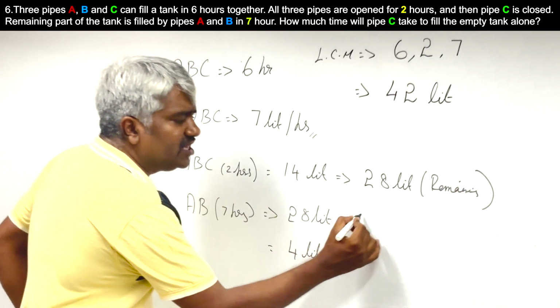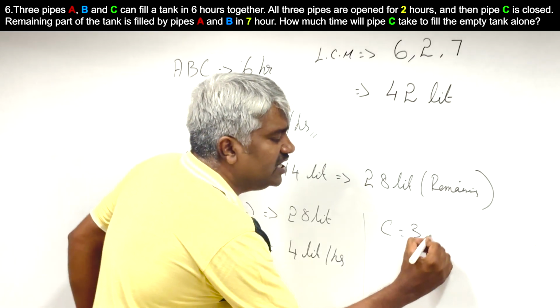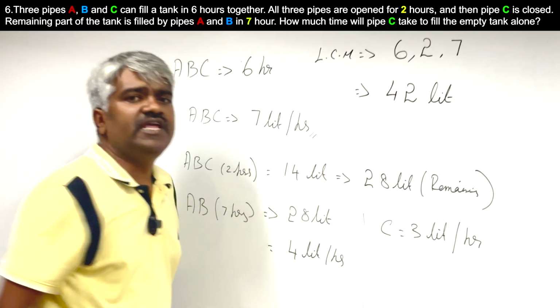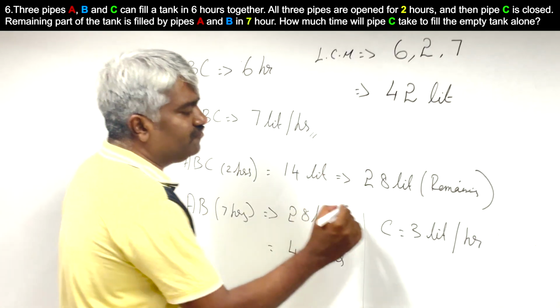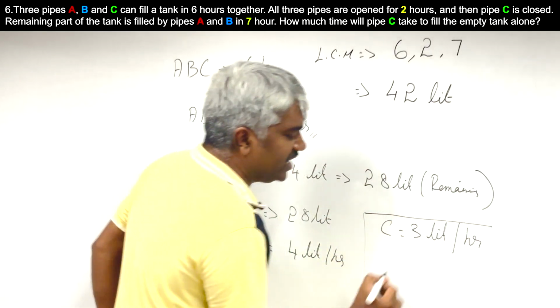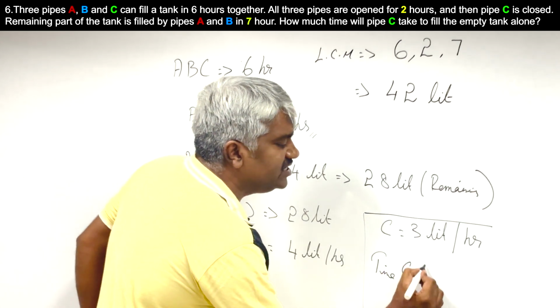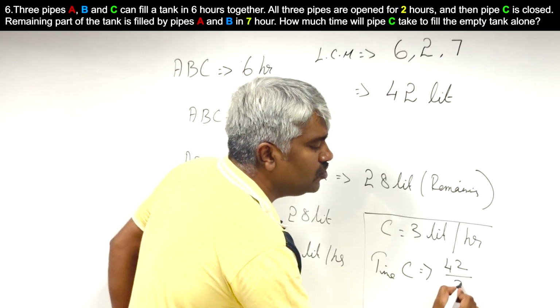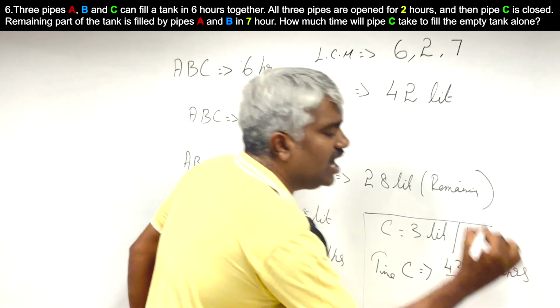So, the remaining 3 liters is filled by C. That is, pipe C can fill 3 liters in 1 hour. The total capacity of the tank is 42 liters. So, the time required by C alone to completely fill the tank is 42 by 3, which is 14 hours.